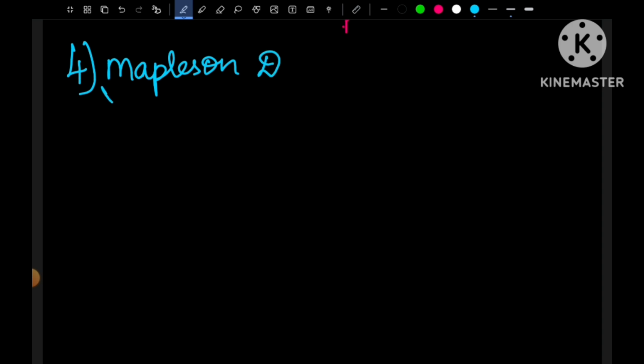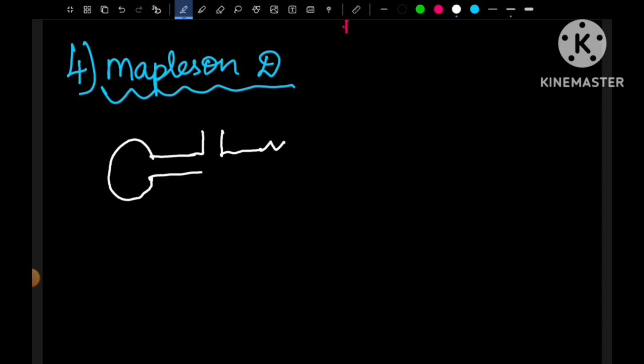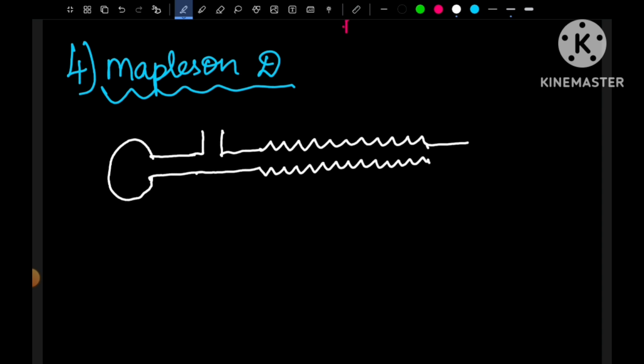Mapleson D. See, you can see that this is a reservoir bag, friends. I thought to explain it afterwards, but as you draw you can know it. This is actually the corrugated tube.